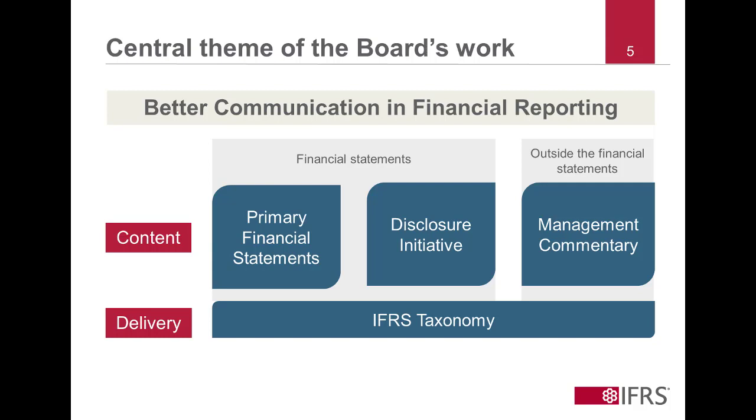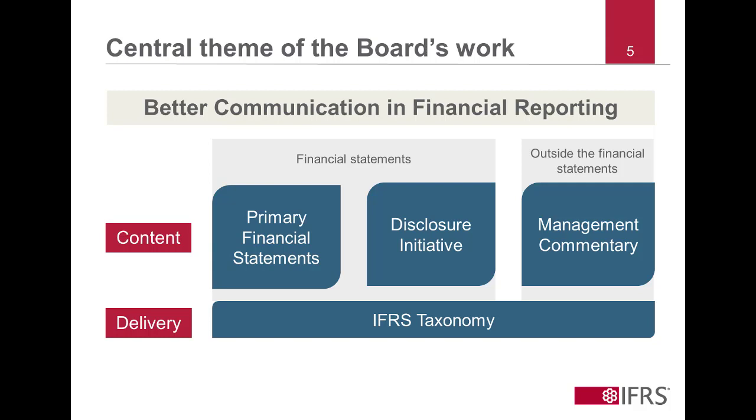We have four main components to the theme. The first component, the Primary Financial Statements project, is looking at how to improve the presentation of information in the primary financial statements. It is focusing on improvements to the structure and content of the Statement of Financial Performance. The second component, the Disclosure Initiative, is looking at how we can improve disclosures in financial statements.